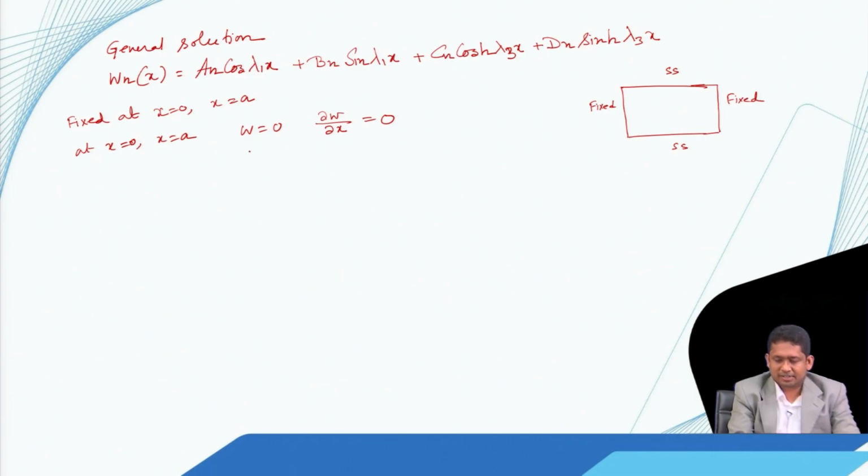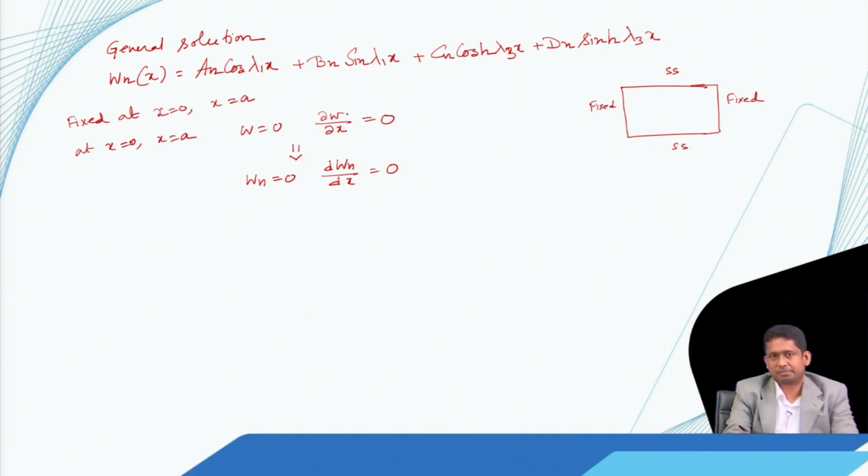Now this says that for this to be true, we have to have Wn equal to 0 at x equal to 0 and a, and also dWn by dx equal to 0 at x equal to 0 and x equal to a, because if I differentiate it, our assumption was w is equal to summation of capital Wn multiplied by sin n pi y by b into e to the power i omega t.